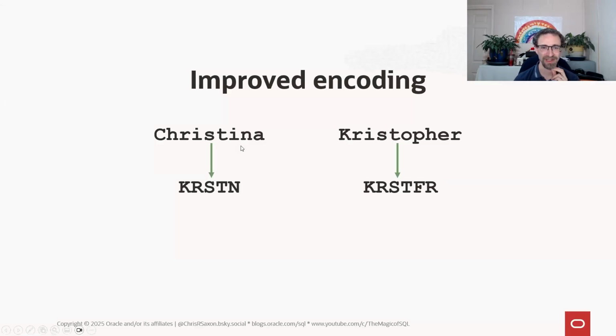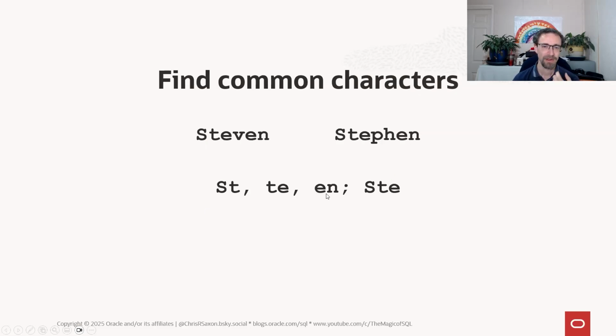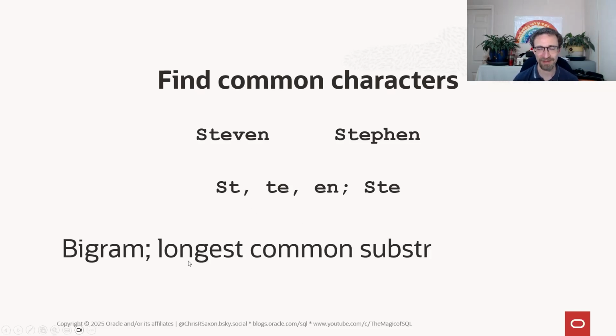We saw Christina and Christopher with SOUNDEX encoded to the same thing. We can use the double metaphone algorithm to differentiate them so they get different values. Another thing we could do is look at how many characters they have in common in terms of pairs of characters or longest common substring, things like that. So what the common bigrams and trigrams are.